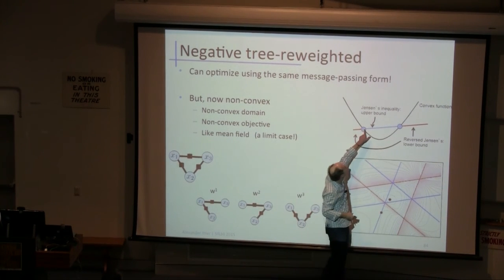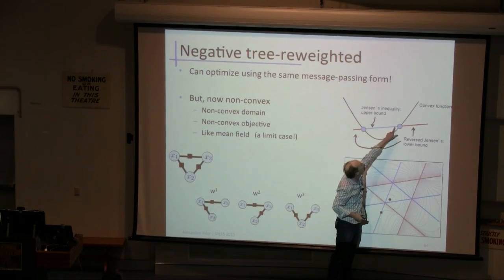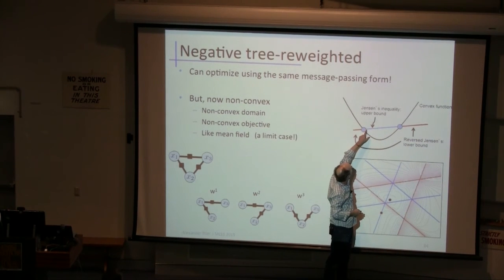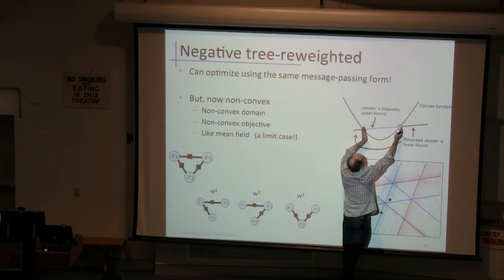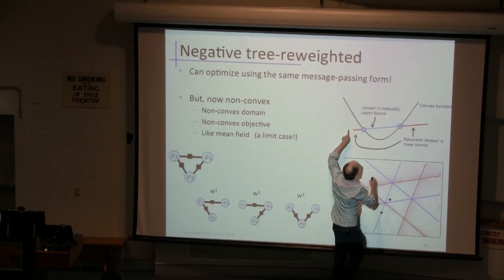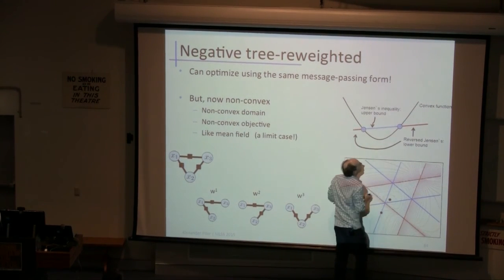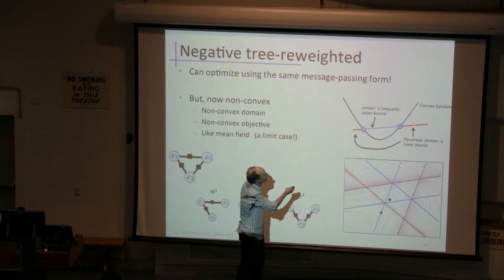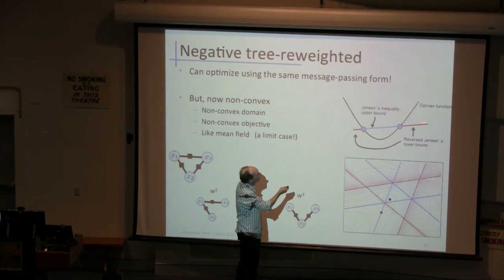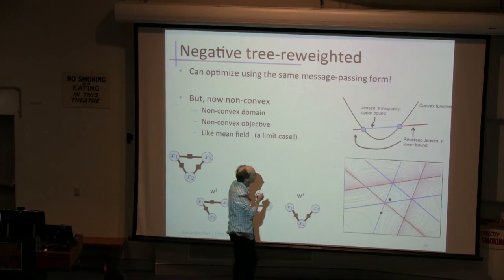So when we're choosing an upper bound, our weights are between 0 and 1. And so that is a convex set. Now we're choosing weights that are greater than 1 and negative. And so that actually is a non-convex set. In fact, it's a disconnected set. So in this case, there's one region out here and one region out here.